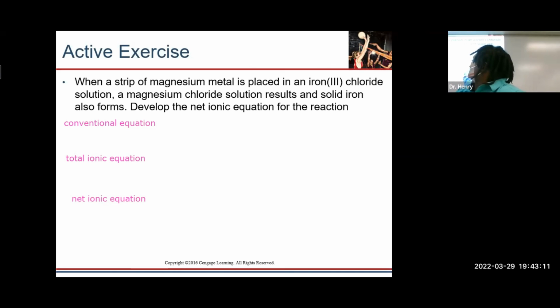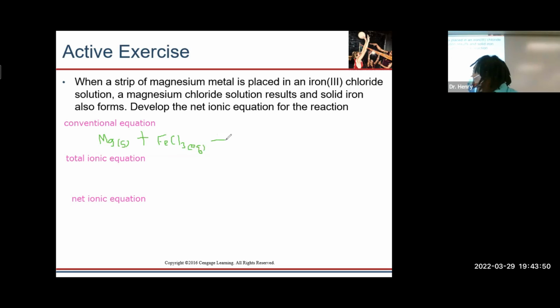So what does magnesium metal look like? Mg(s). And that's reacting with what? FeCl3 (aq). How did you know it was aqueous? Because it says solution. That's right.